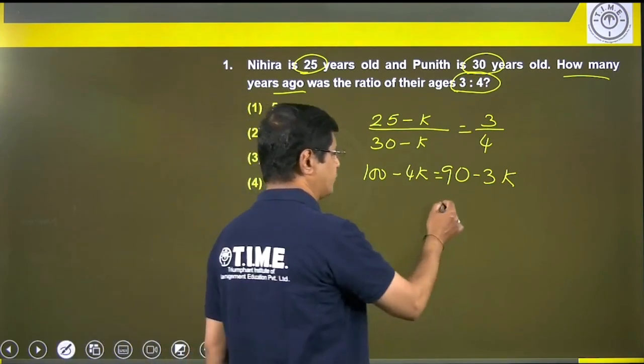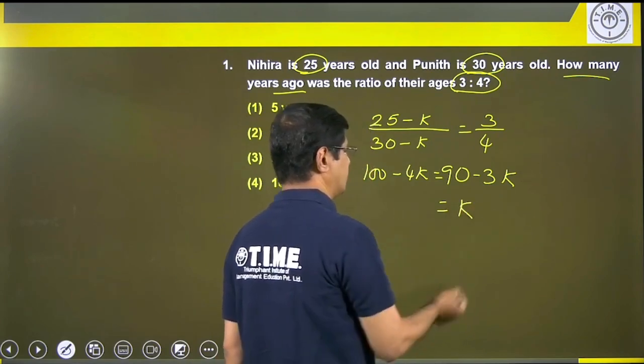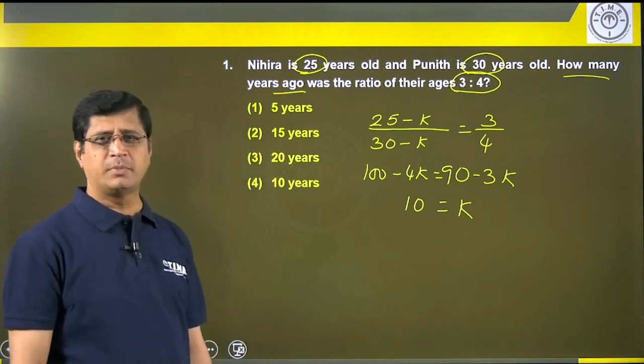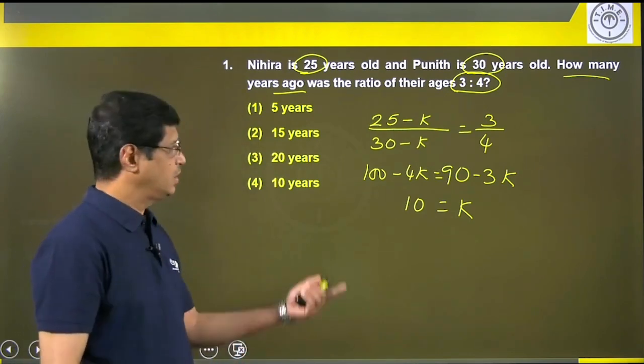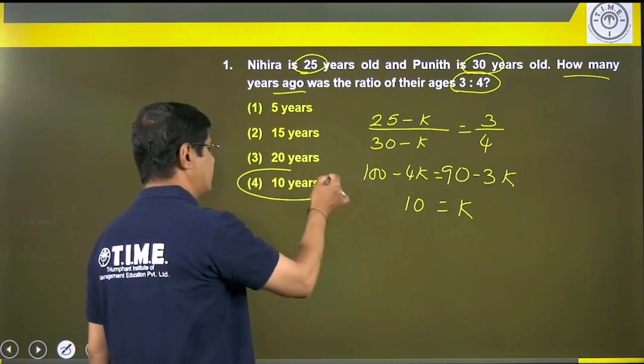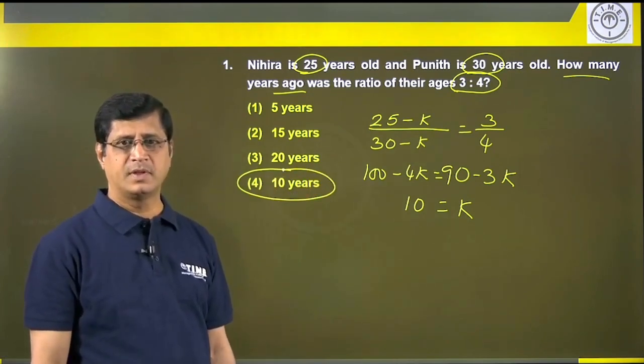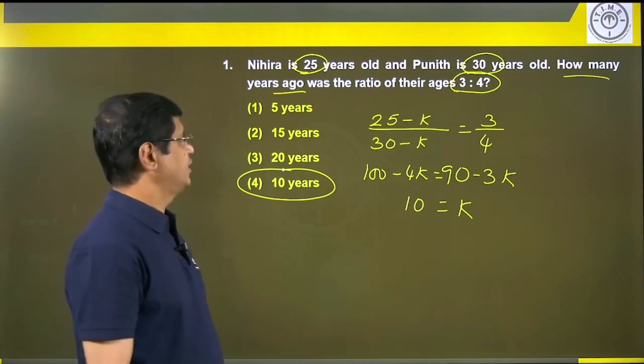By taking variables on one side, numbers on the other side, now the value of k is equal to 10. So k is equal to 10 means 10 years ago. Now the answer choice: option 4 is the right choice.